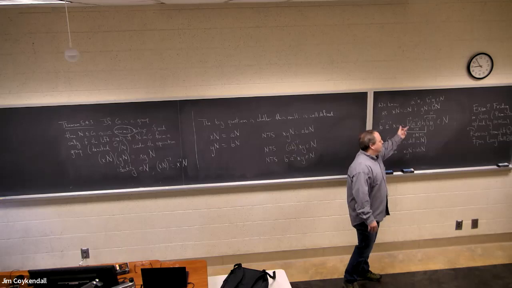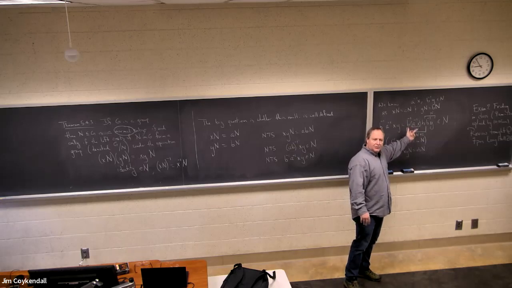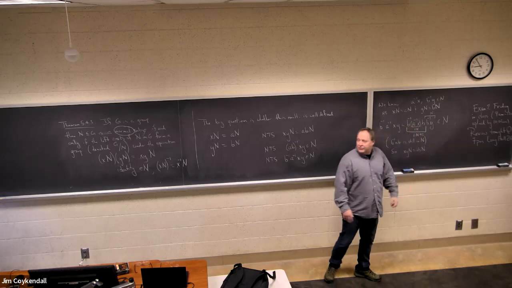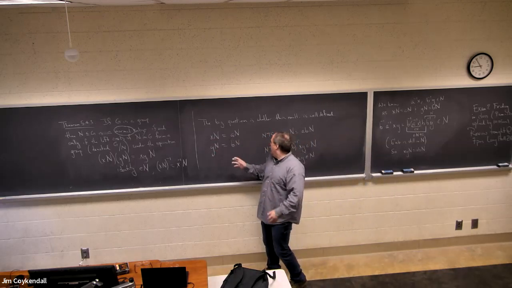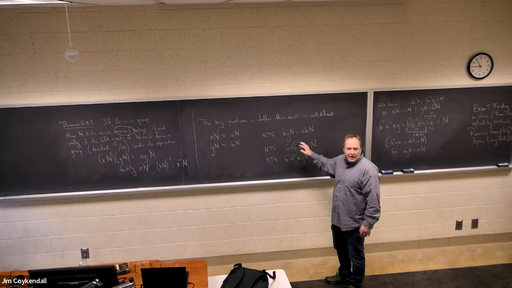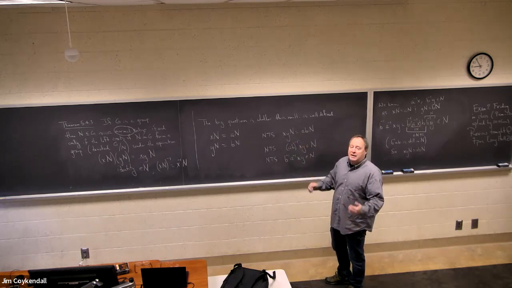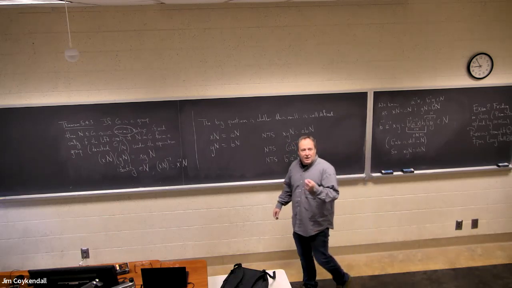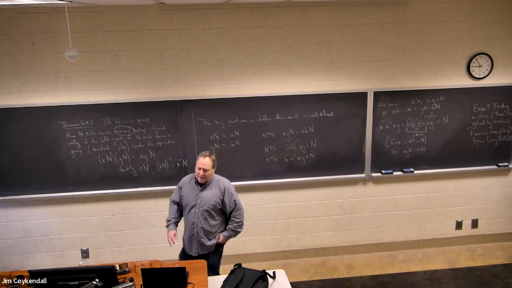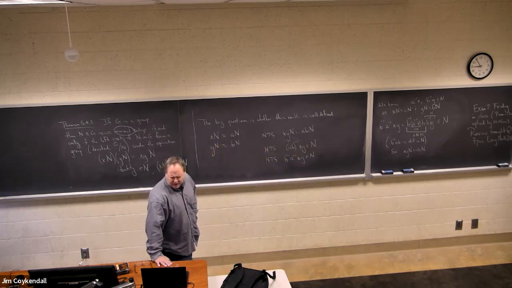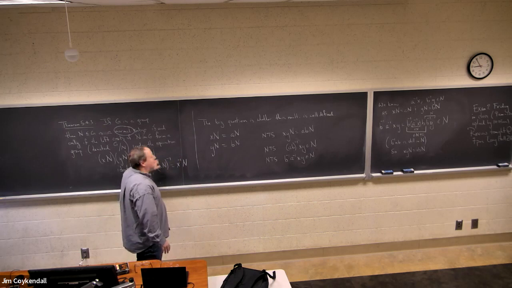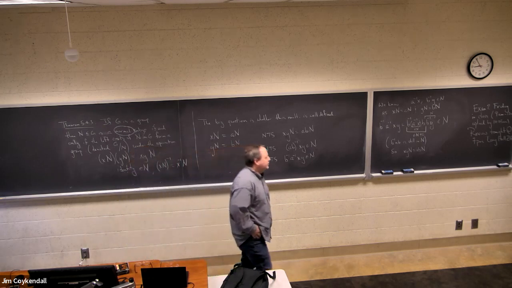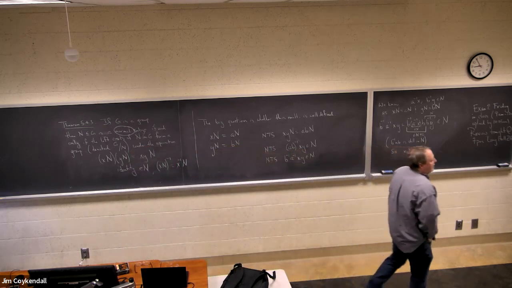But if you're not normal, this multiplication is not well defined. That is to say, when I pick my representatives and you pick your representatives, and we do our honest multiplication, we might get different answers. And you need normality to keep that from happening. So that's why this is always important. Notice that for G mod N, it turns out that N is always the kernel of a homomorphism, as a matter of fact. So that's another tie-in to that.